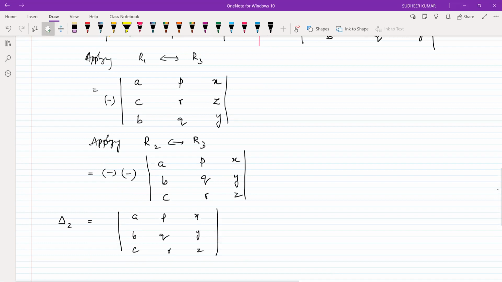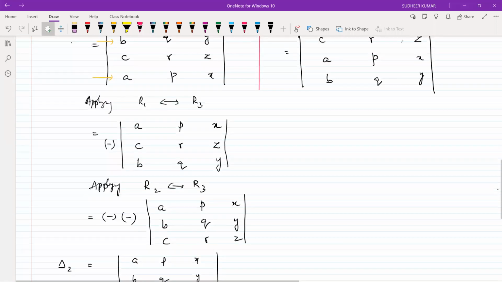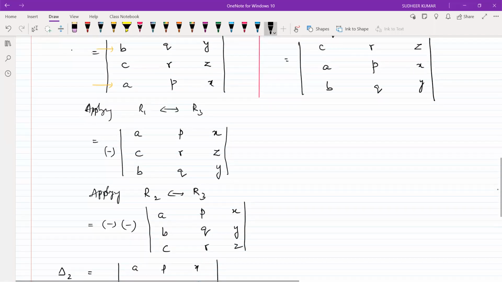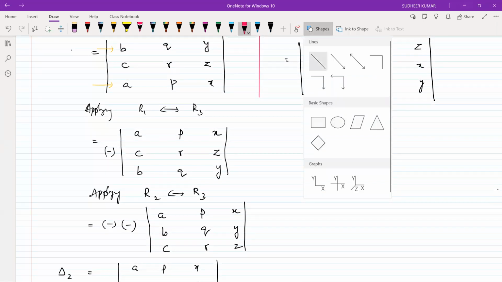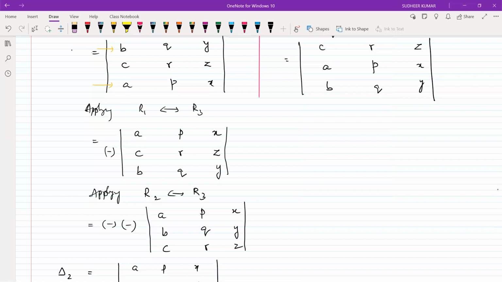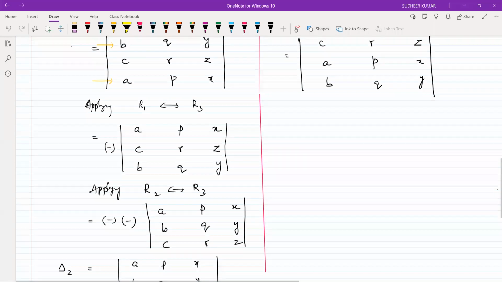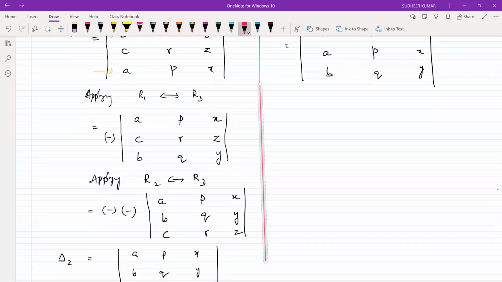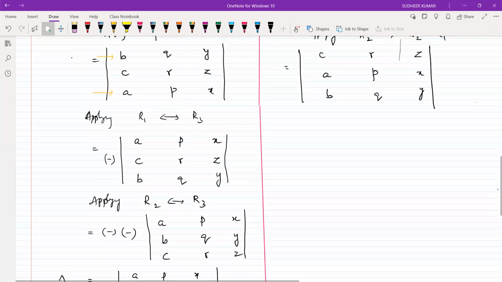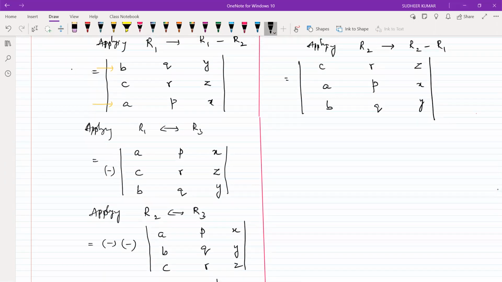Right? In the same way, we'll go to the next one. Here also we need to write A, B, C in order. So how can we make it in order? What do we have to do now? Interchange R1 and R2, because A has to come first.